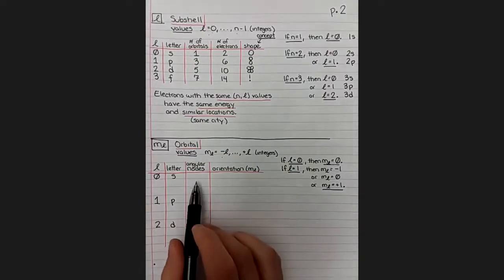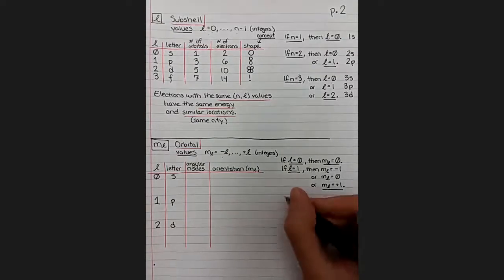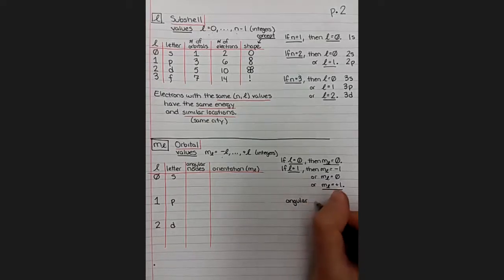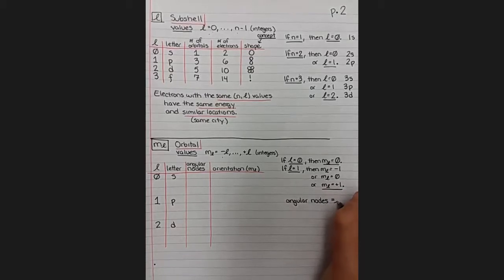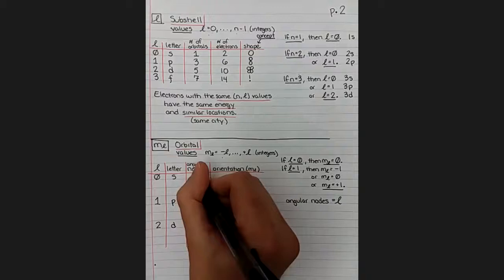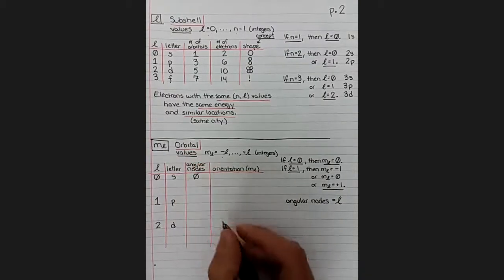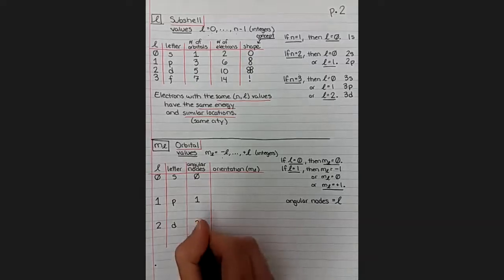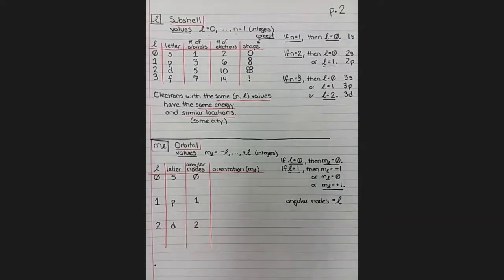And they also are going to have the other type of node that we briefly mentioned in the last video. They're going to have angular nodes. And the number of angular nodes is equal to the angular quantum number. So that's pretty easy to remember. So there's going to be 0 angular nodes in this one. There's going to be 1 angular node in a p orbital, and there'll be 2 angular nodes in a d orbital. And I'll show you what that looks like in the picture.